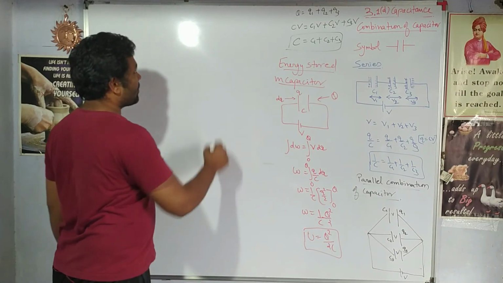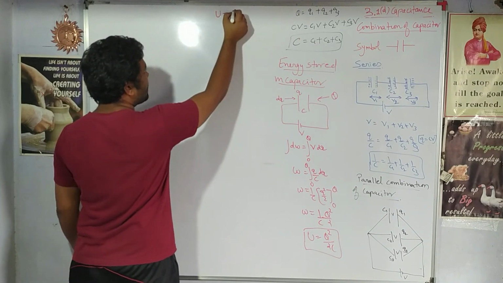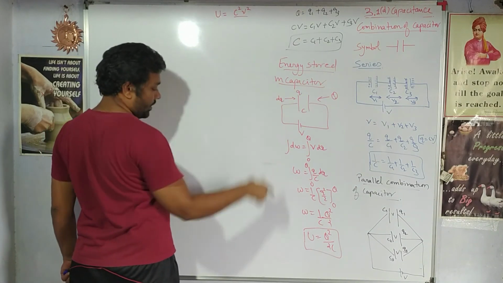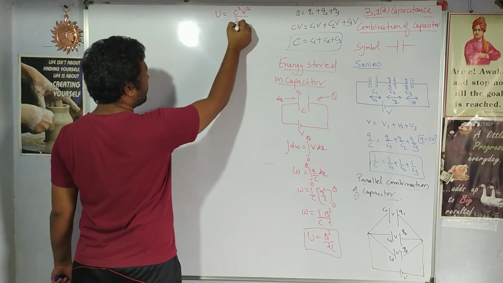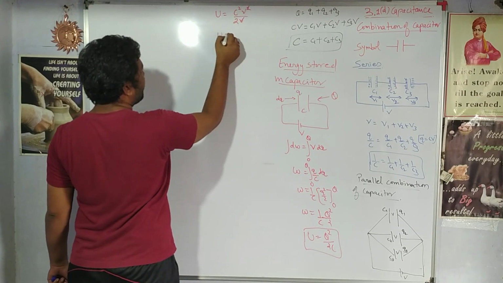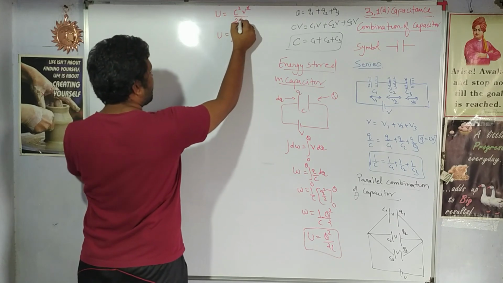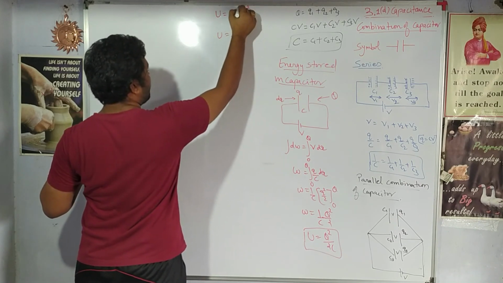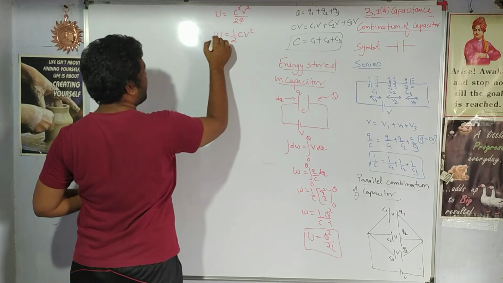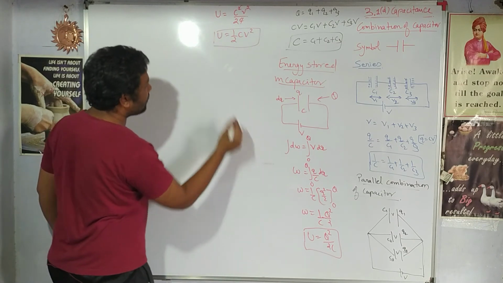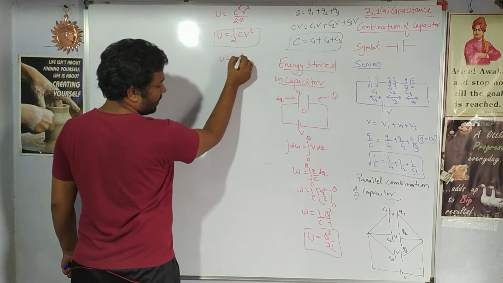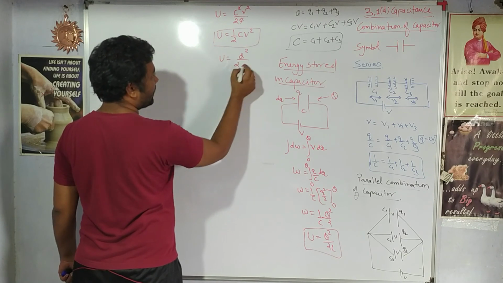This equation can also be written as, if you substitute Q is equal to CV in the numerator, then it can be half CV square. This is the potential energy. Now in the denominator, if you substitute the value of C, then what will it be?